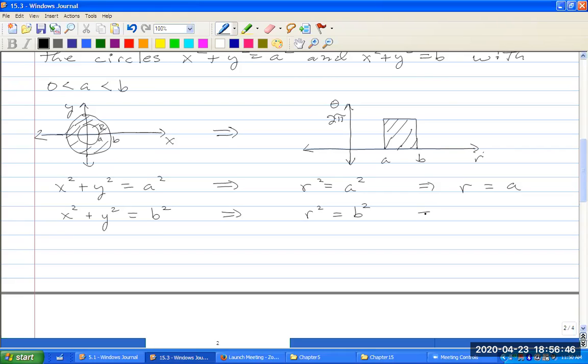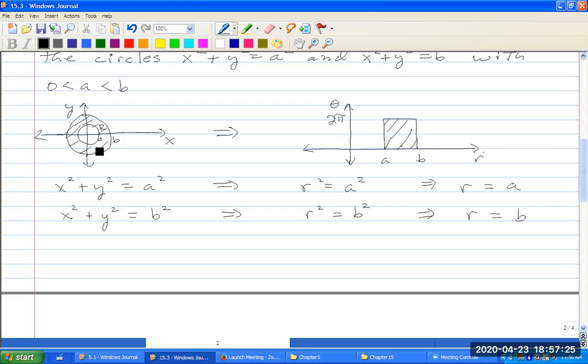And assuming that b here is greater than 0, I can say let r equal b. Again, there's some arbitrariness. I could let r equal negative b and all that, but to make my life easy, I'll just let it equal positive. And so these outside two lines correspond to these.